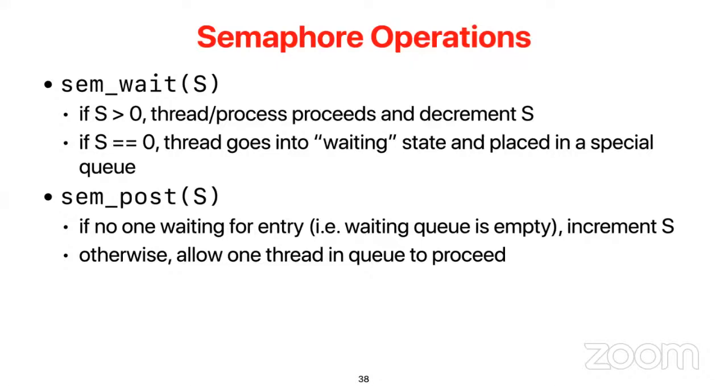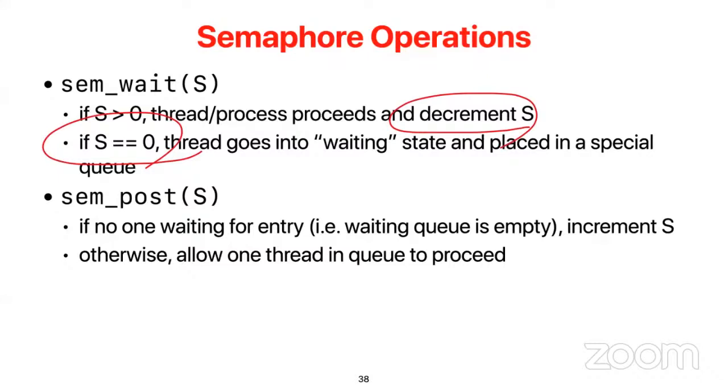And again, the decrementation should be done with atomic instructions, as we mentioned. And if the semaphore value reaches 0, meaning that the critical section is already reaching its capacity, no one can go in there.